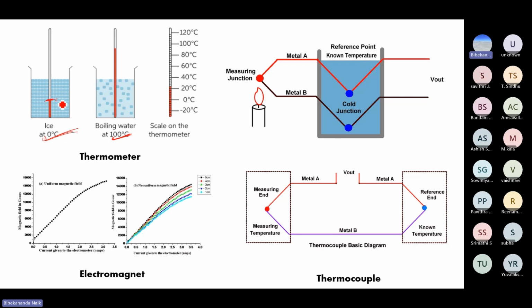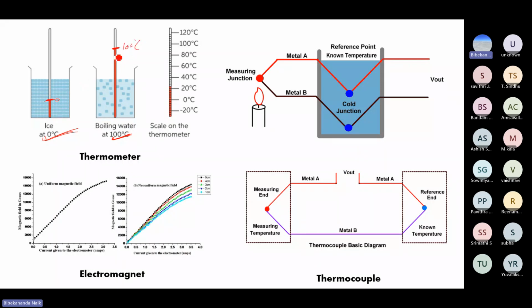We mark it as 0 because the temperature of ice is 0. Again, we place the same thermometer in boiling water. The height of the mercury rises and goes to this value. So this is 100 degrees Celsius.